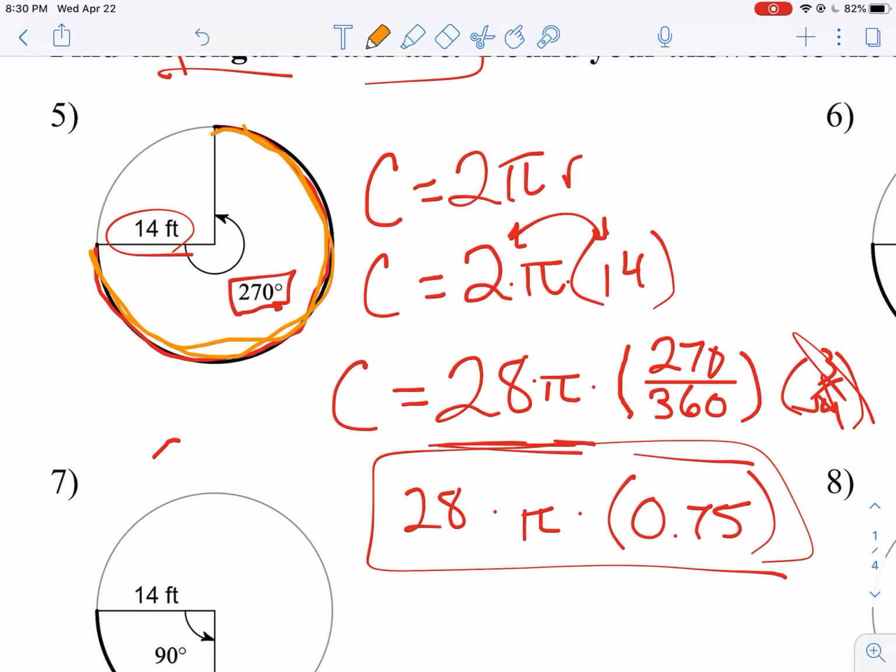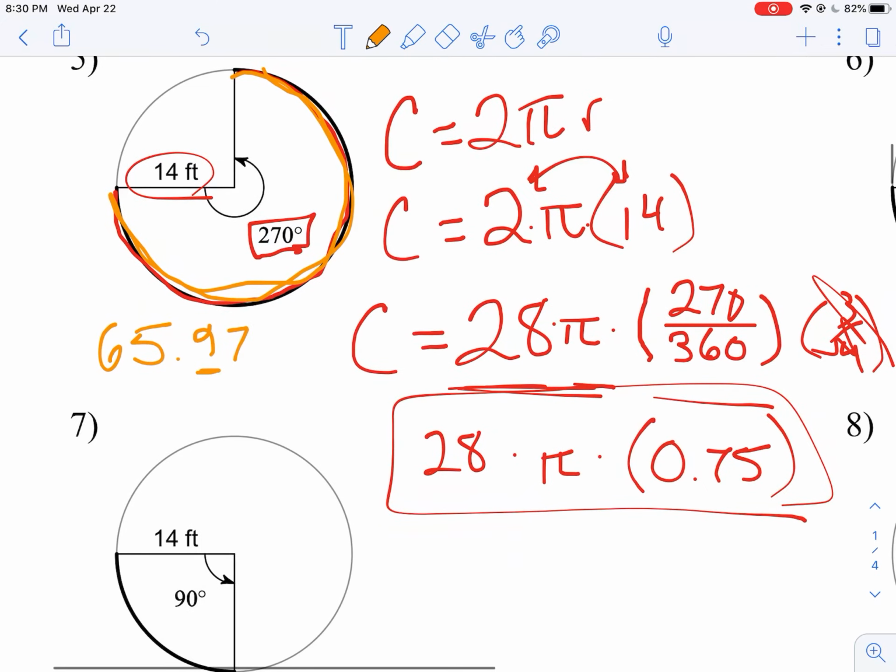I get, let me erase some of this, 65.97. I'm rounding to the tenths, which is here, so it's actually going to round to an even 66, right? This 7 is 5 or more, so that means this 9 is going to go up. So 65.9 goes to 66, and that is my final answer.